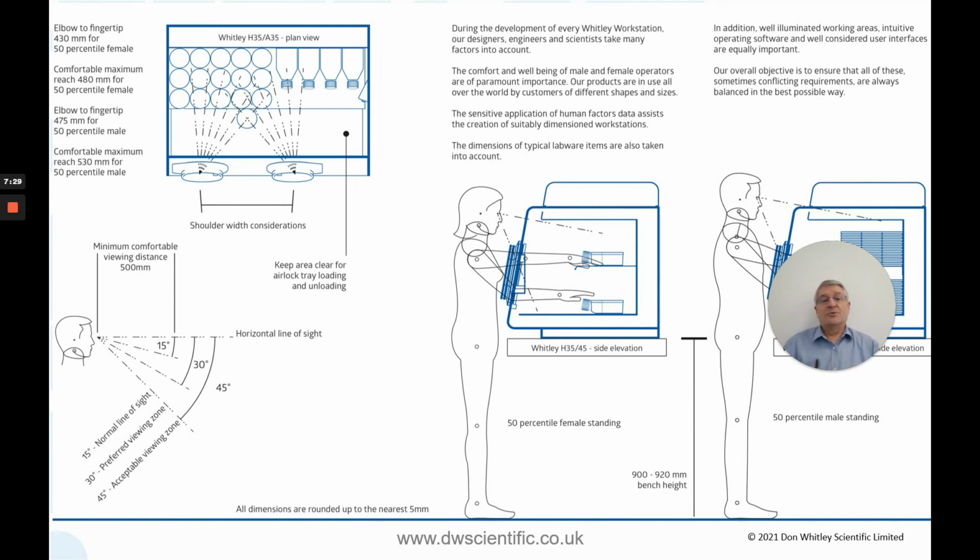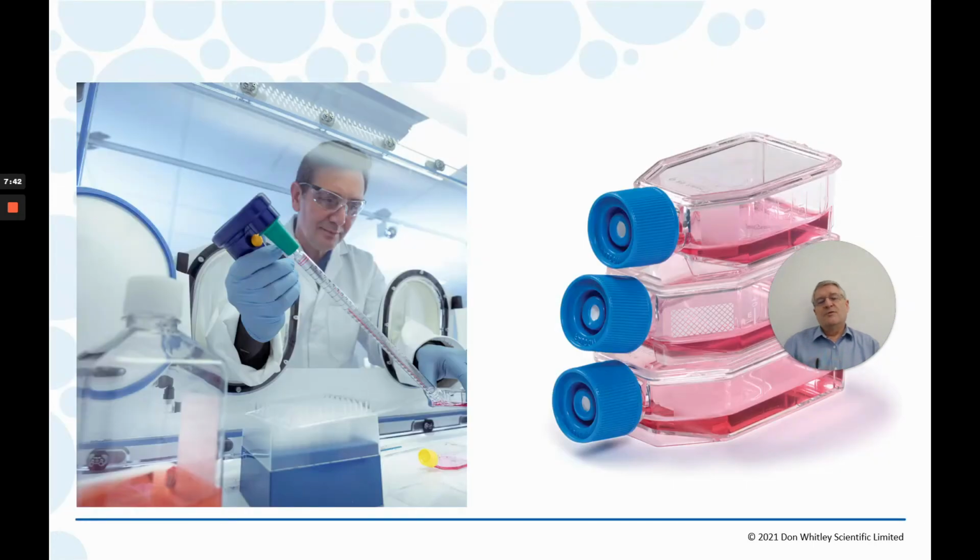And so although you can't see the detail from this slide for the brief period it is shown, you can see that we take into account how far people can reach, how far they can see. We're very much interested in wanting to understand the tasks and take those into account, the human interaction, but also the labware and the instrumentation that will also be placed inside our modified atmosphere workstations.